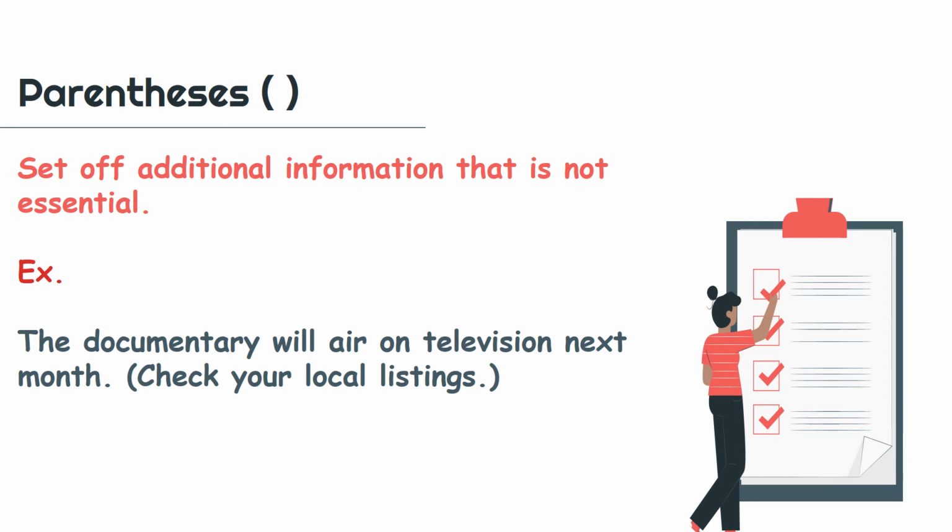We put the parentheses around the additional information that is not necessary in the sentence. The documentary will air on television next month. (Check your local listings.) Here, the sentence, as you can see, is complete. The documentary will air on television next month. But there is extra information and it's not really necessary in the sentence. I put it in parentheses. Check your local listings.